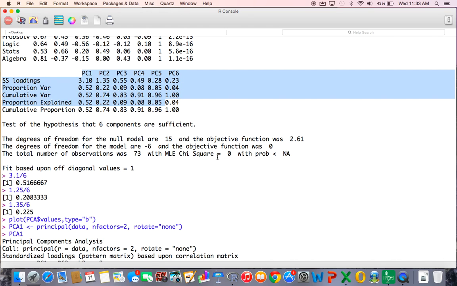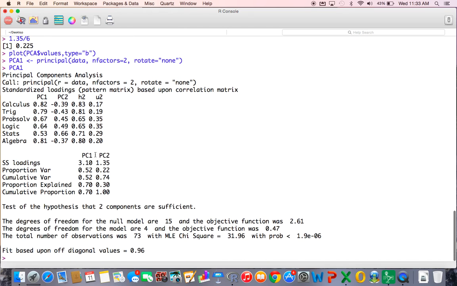The only difference is that instead of a 6-component model, we have reduced this to a 2-component model, because these 2 components explain a cumulative percentage of variance that I'm happy with. I don't think I gained anything significant by adding the 3rd component, okay?